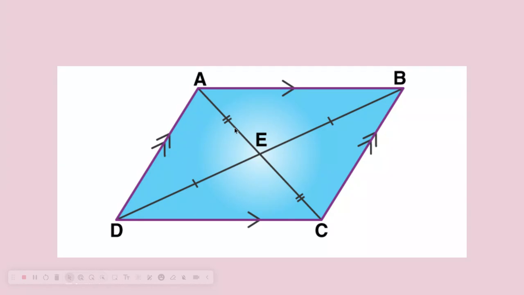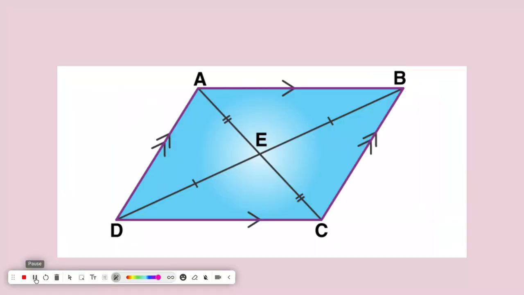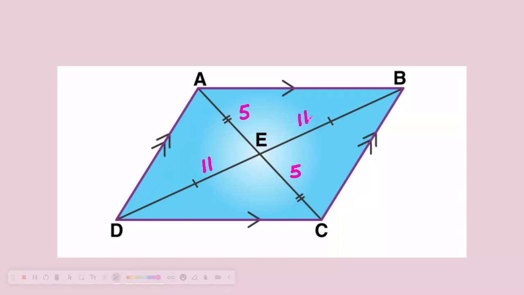So AE, going into the center, let's say that's 5 units. Well, then EC will be 5 units because it'll be the same length. But DB, that whole diagonal DB, will not be the same length. So let's say that's 11. Well, then DE is 11, so EB must be 11. So important to know they're not the same length.